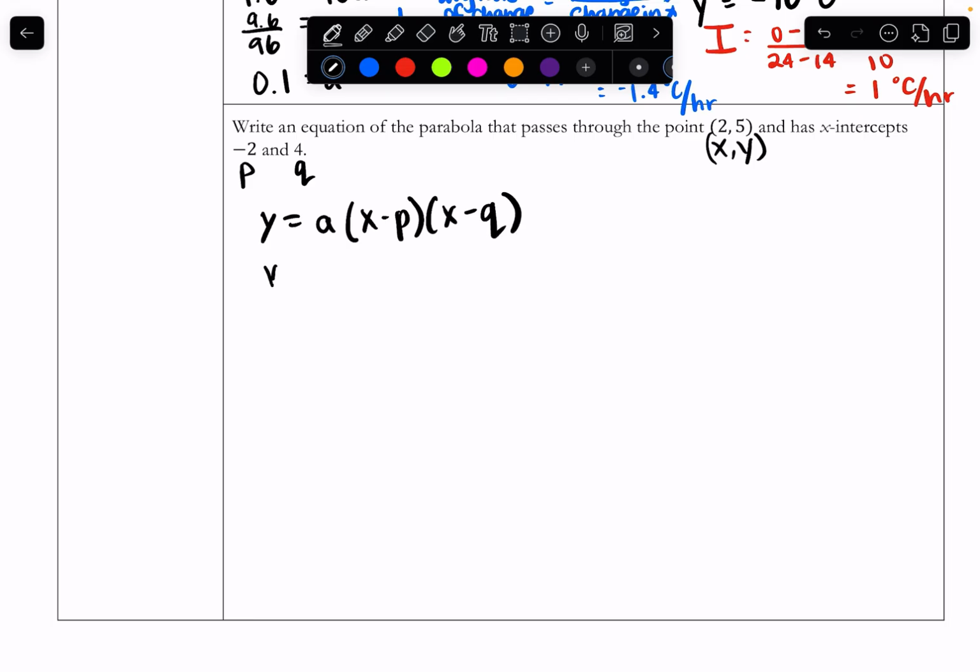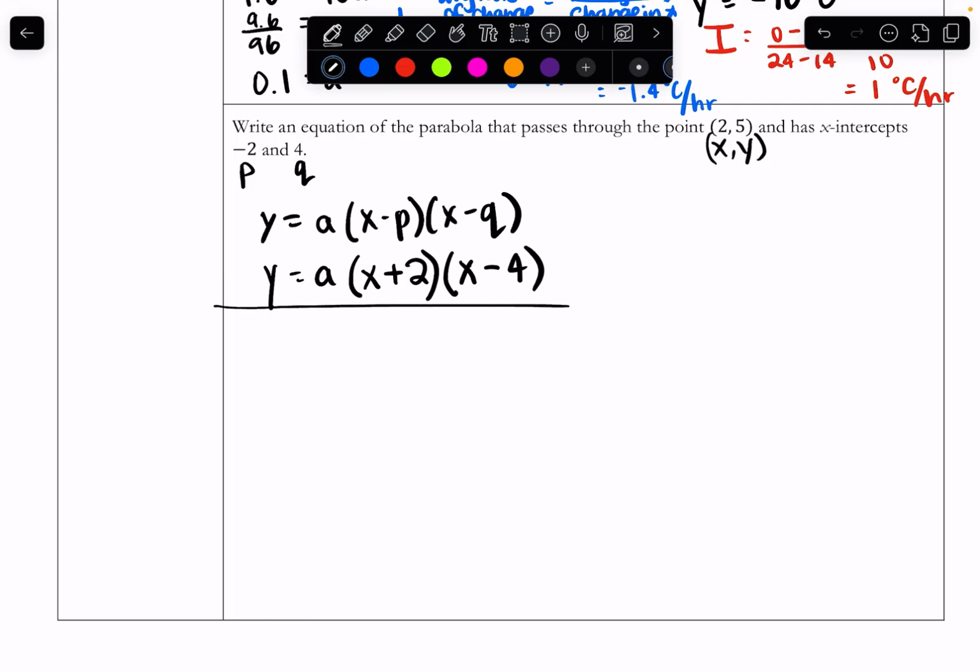I'm going to go ahead and sub in my negative 2 and my 4. And remember, that changes signs. So that negative 2 is actually minus negative 2 when I put it in my equation, which turns into a plus 2. All right, x minus 4.